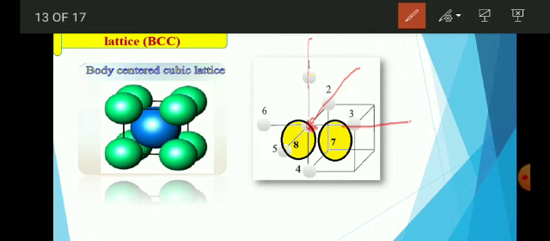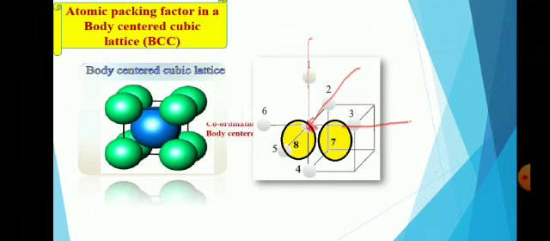So it becomes 8 atoms near to the corner atom. Therefore the coordination number in the body centered cubic cell is 8.